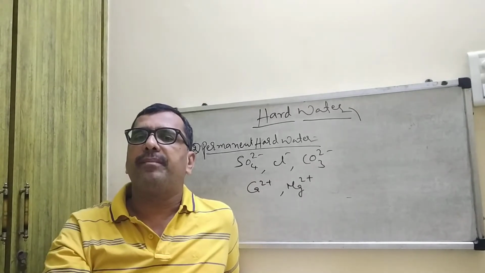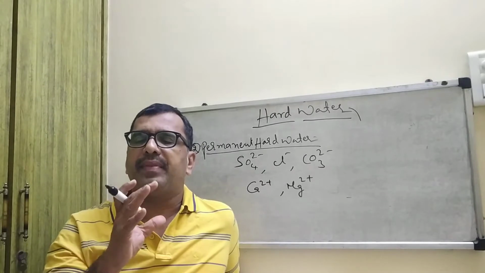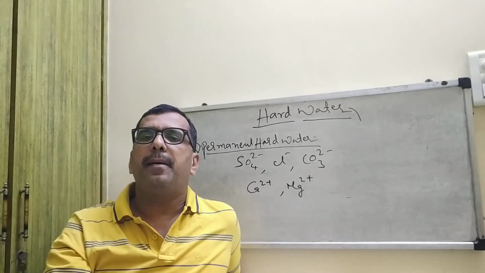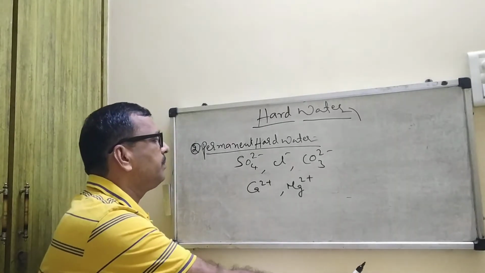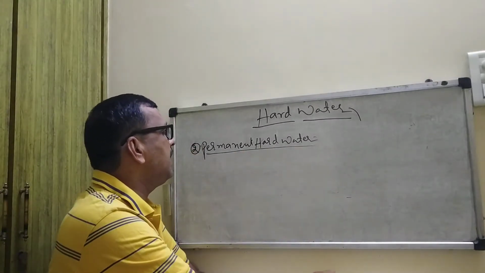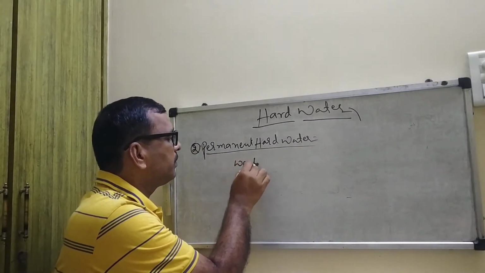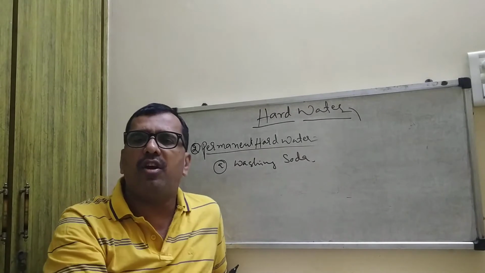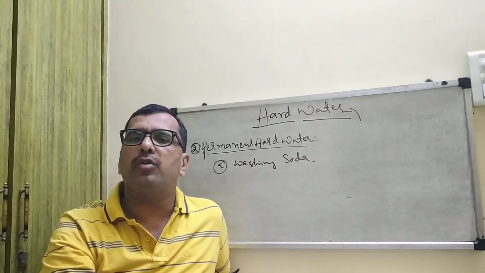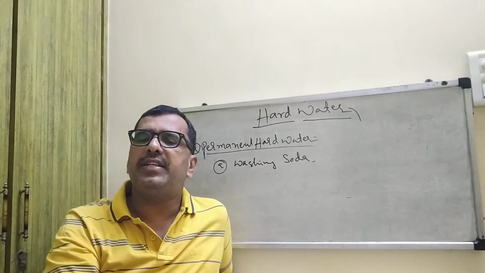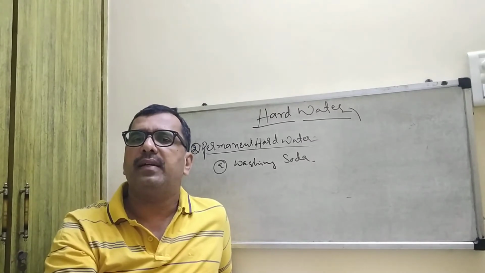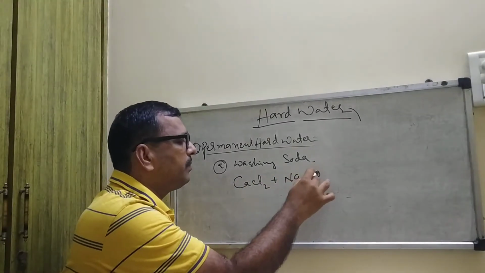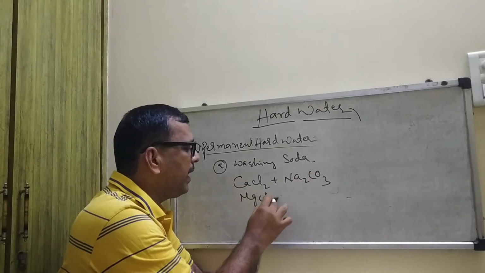How are we going to remove these salts from a sample of permanent hard water? The first method is by the addition of washing soda. How are we going to remove them? Suppose calcium and magnesium chlorides are present, for example calcium chloride and magnesium chloride.